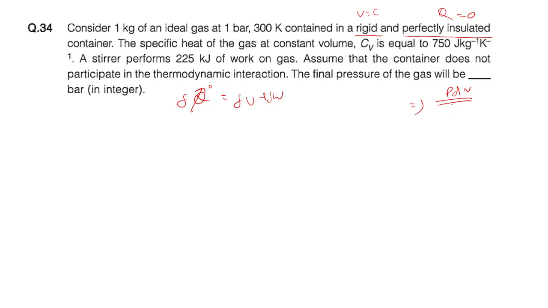Yes, sir. Another type of work is electric work, and flow work. Flow work somewhat comes under this only, PdV, because flow work is P into V, right? Flow work we cannot consider here.